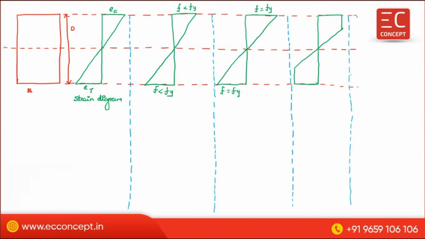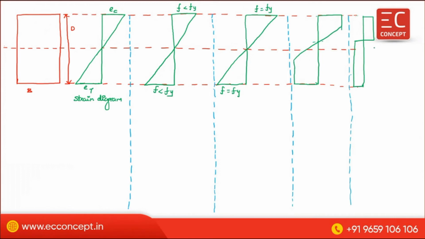So in this case we can conclude, you will get a diagram. So the stress diagram you will get something like that. For this case also, your neutral axis gets shifted. Okay, like that.